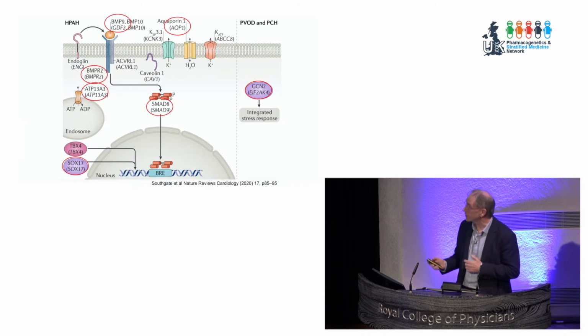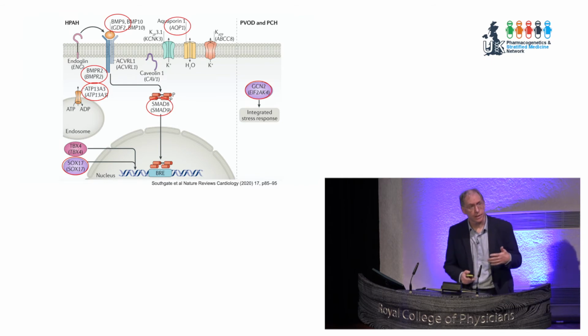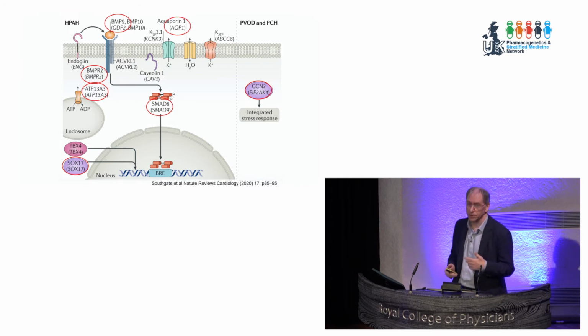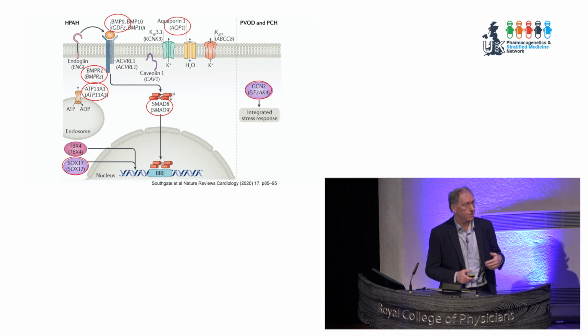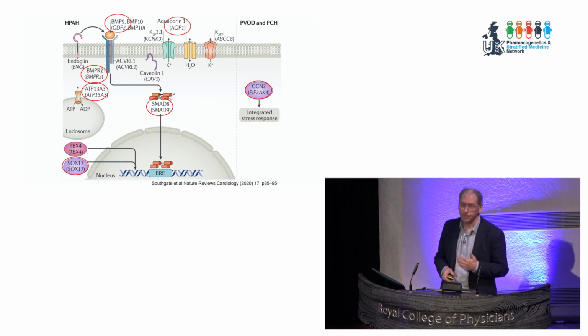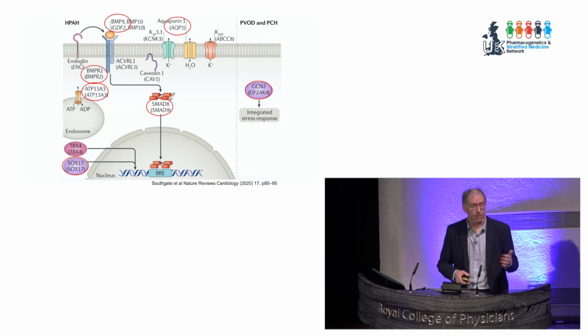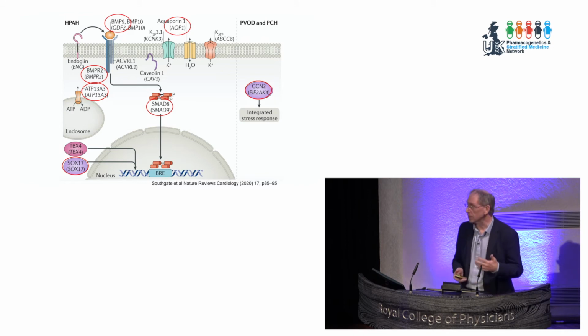And really, to cut to the chase, we were able to confirm mutations in BMPR2, and not just in heritable, but also in so-called sporadic idiopathic pulmonary arterial hypertension. And in fact, mutations in that gene accounted for something like 15% of the patients in our cohort. So confirming this gene is perhaps the most commonly associated with PAH.